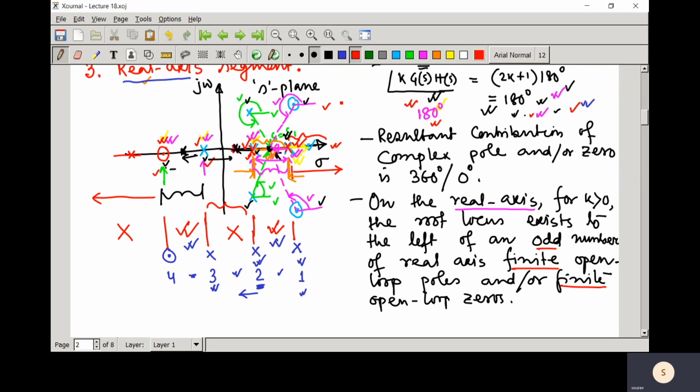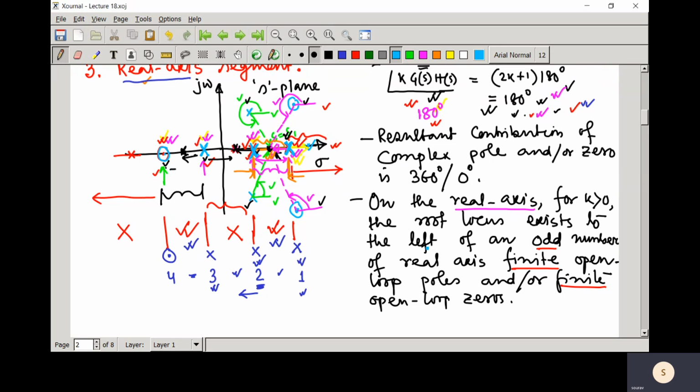In that case, complex conjugate pole zeros contribution is 0 there. So now here we have seen that you have a pole here, you have another pole here, you have here another pole and 1 zero. So these all are finite poles and zeros.